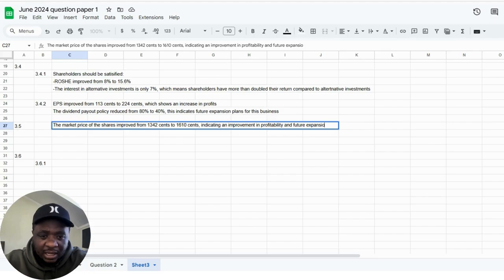Because we did see in the other things that the EPS improved and then also the dividend payout policy decreased, which means that the business is planning to reinvest more of its profits towards expansion.